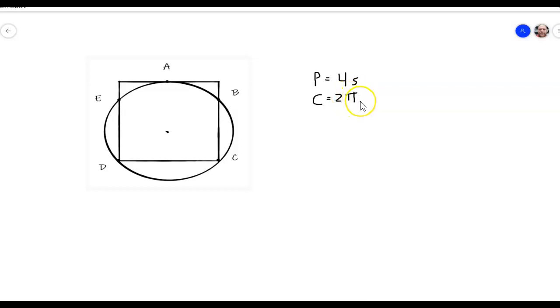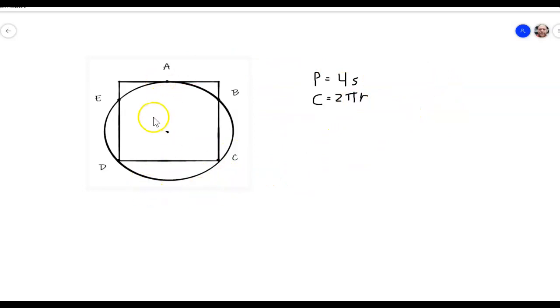My goal here is either to get the side in terms of the radius, or the radius in terms of the side, so that I can compare and see which value is larger. That's my idea.